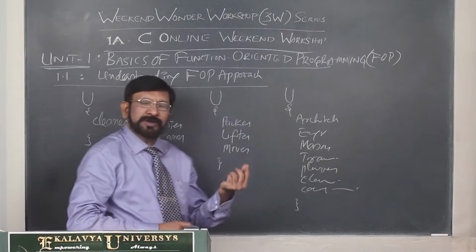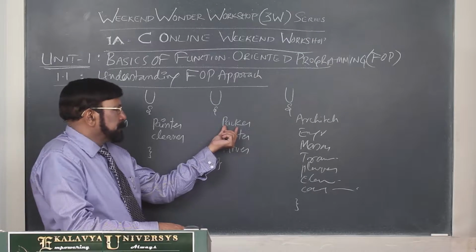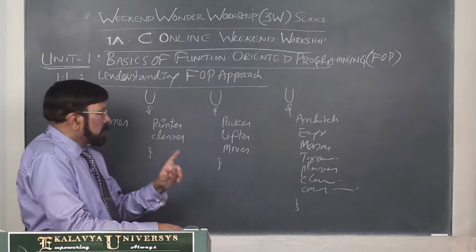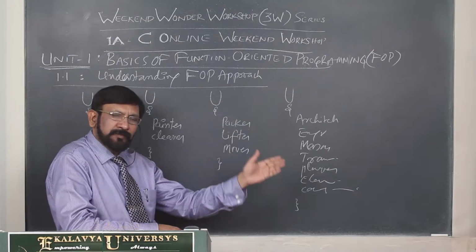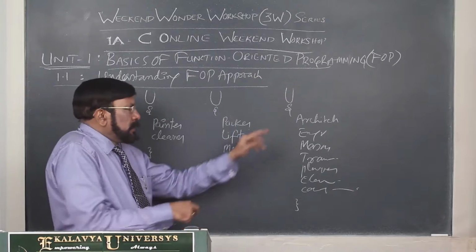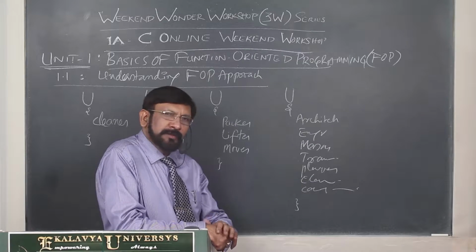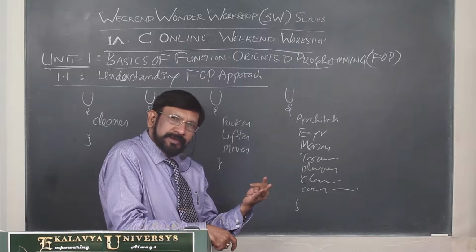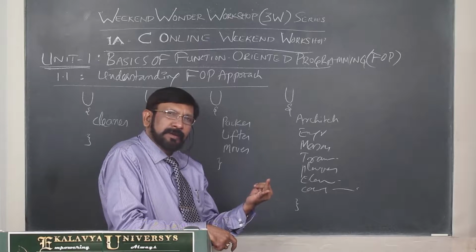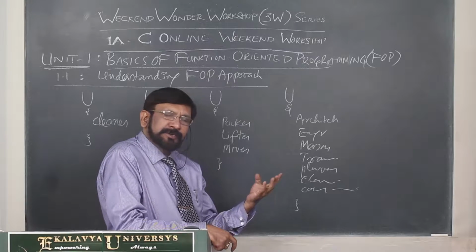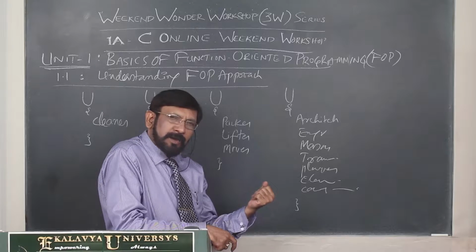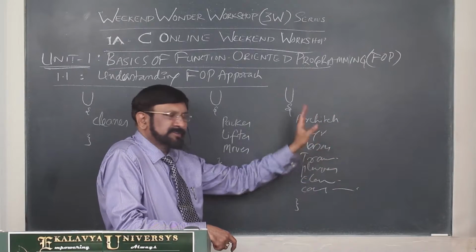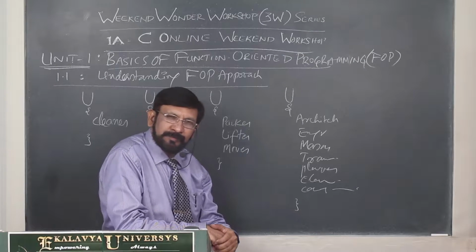By the contribution of three specialists like packer, lifter and mover, your house got shifted from one house to another. By the collective contribution of a number of specialists like architect, engineer, mason, transporter, electrician, plumber, carpenter, etc., your house got constructed. This is the real life model.